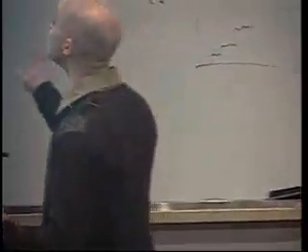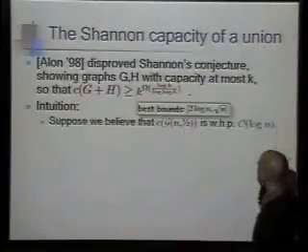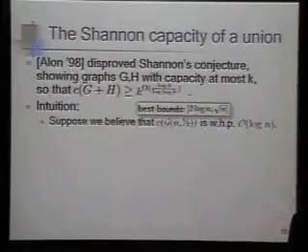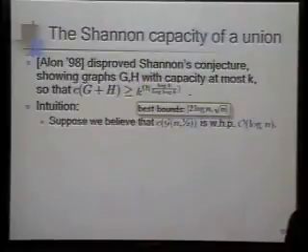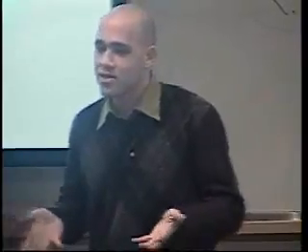So suppose you believe that the random graph has a capacity of log n. Why should you believe that? Well, it has an independent set of size log n, and supposedly, if everything's random, you shouldn't be able to benefit anything, because it's like this weird random structure, and why should things fall in place?